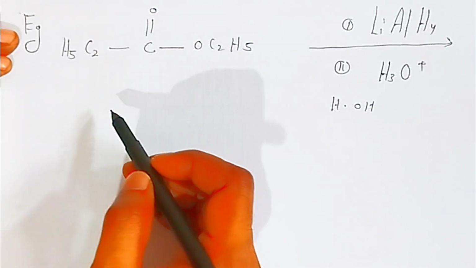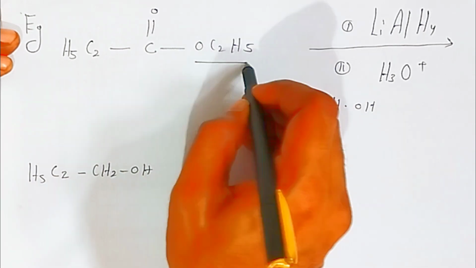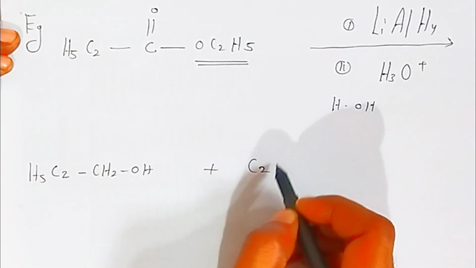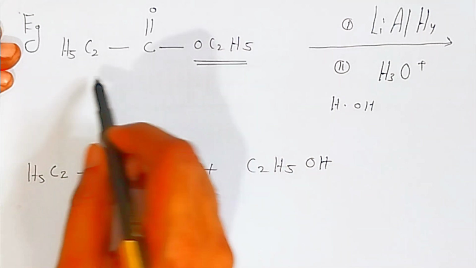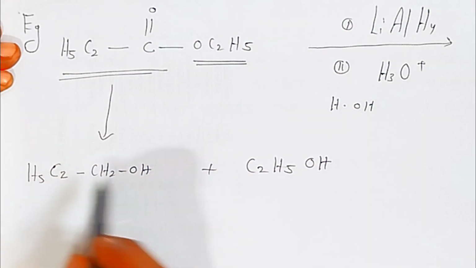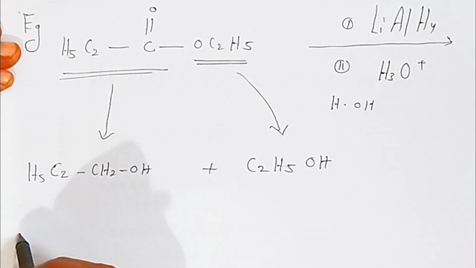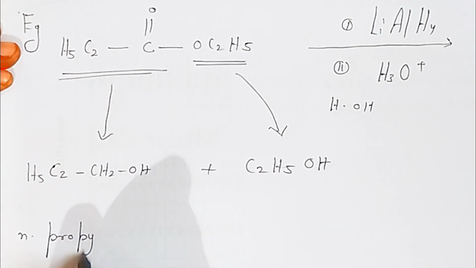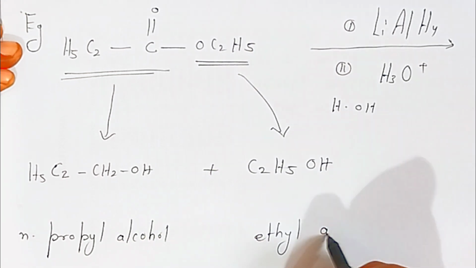It will form first propyl alcohol, and the other you will find is ethyl alcohol, that is C2H5OH. Understanding, students? So this group will convert into propyl alcohol, and the other will convert into ethanol. So n-propyl gives propyl alcohol, and here you are getting ethyl alcohol.